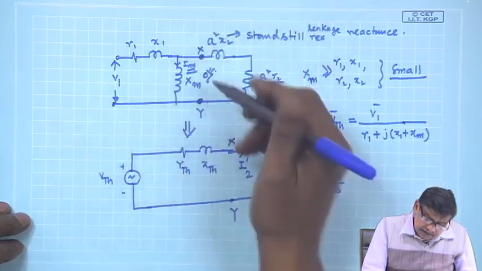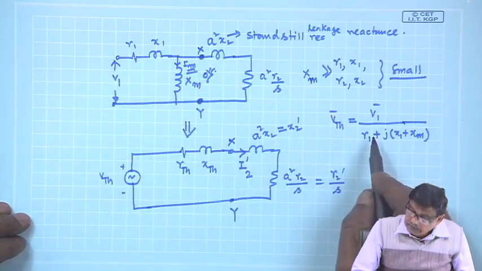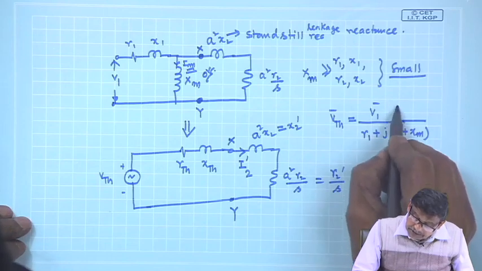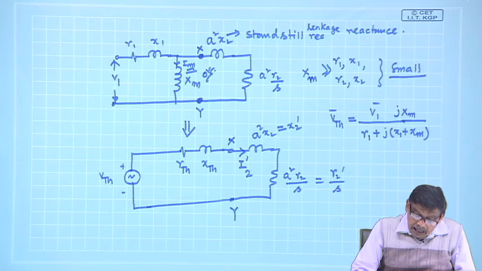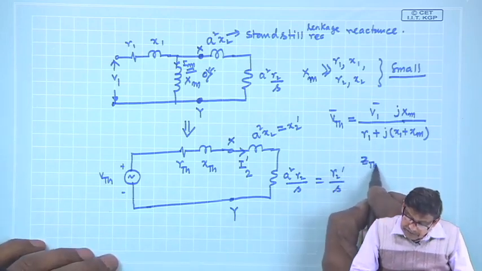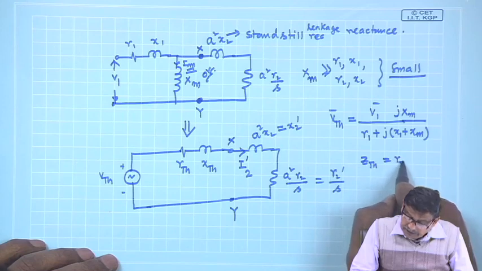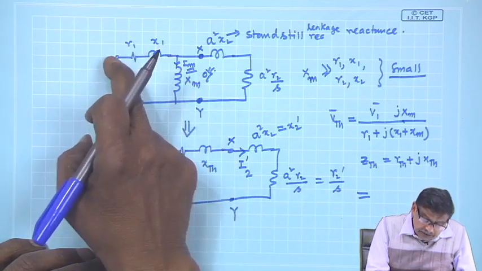This side is not there. So, equivalently these two are in parallel. This will be V Thevenin, and what should be Z Thevenin? Z Thevenin is R Thevenin plus jX Thevenin, and it will be the parallel combination with the supply shorted.